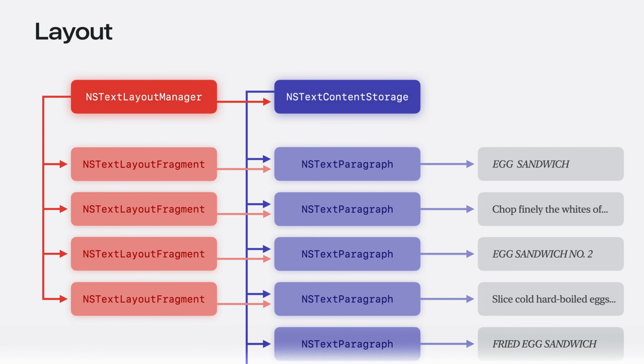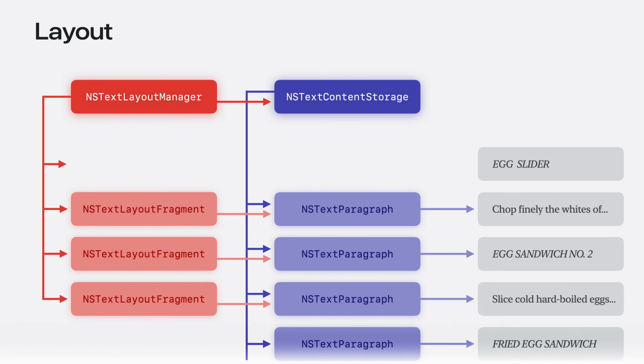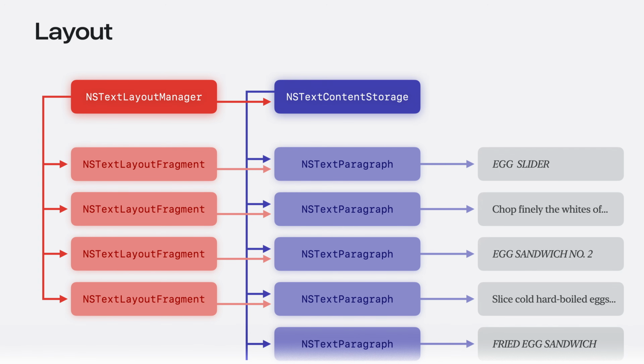These objects are immutable, which means if a paragraph is edited, the NSTextParagraph and NSTextLayoutFragment are recreated. For example, if I replace the word sandwich with slider, a new NSTextParagraph is created for that paragraph, and a corresponding new NSTextLayoutFragment is created with new layout information.